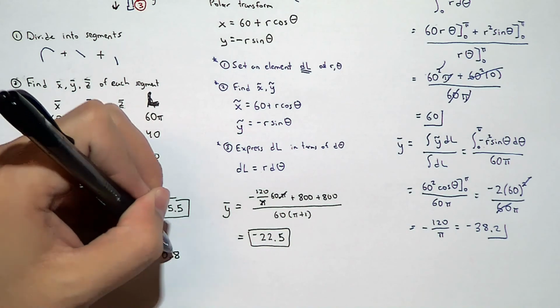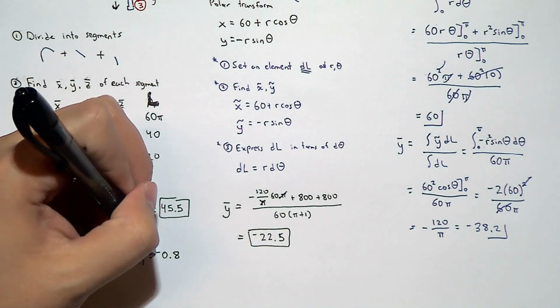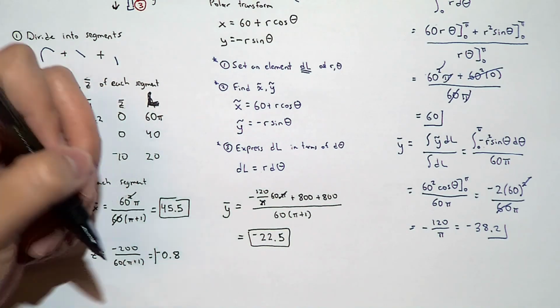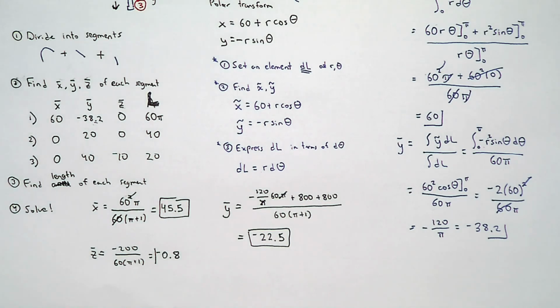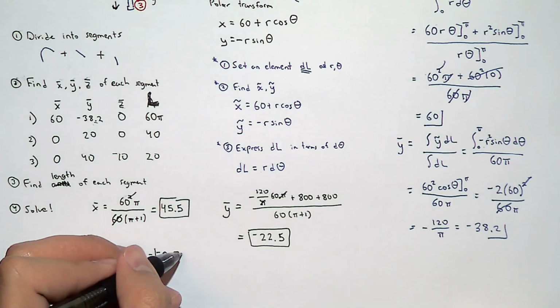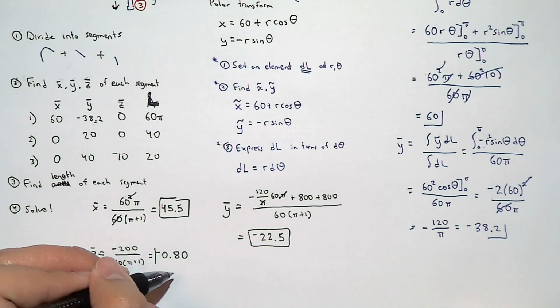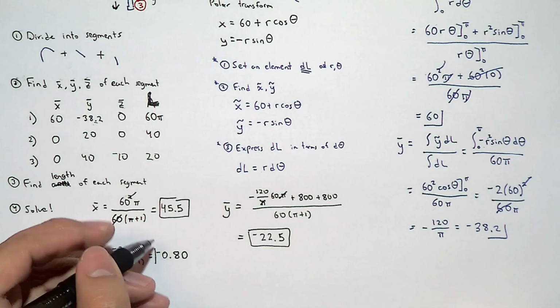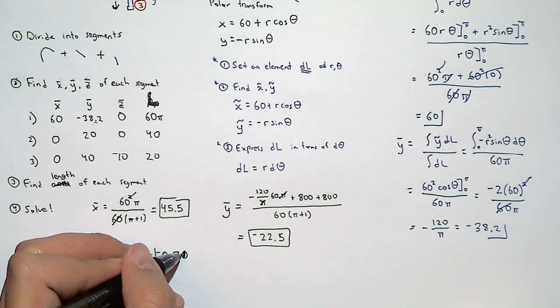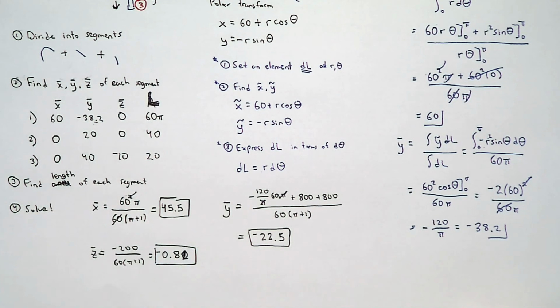Is that correct, Thomas? Z bar, negative 0.8. Yes. All right. Let's keep 3 sig figs. Is there anything else? 0.81. Yep. Okay. Good. And just in time, we have solved this problem. Any questions?